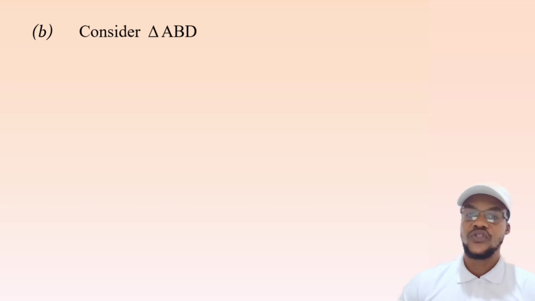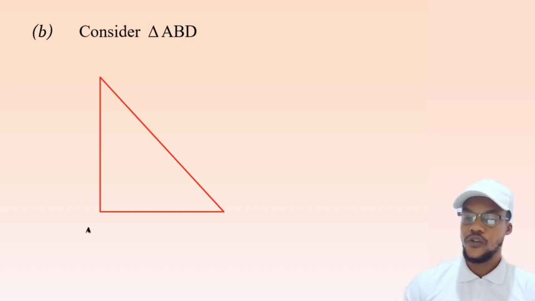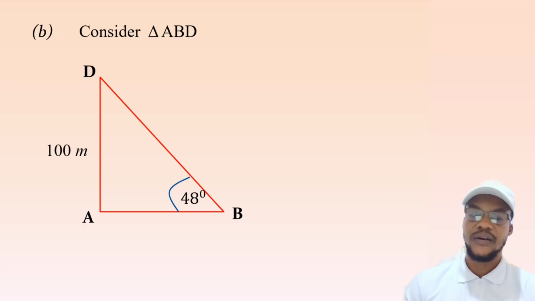If that's the case, let's look at the B part. For the B part, let's consider triangle ABD. For triangle ABD, we have the height and the angle. That's 48 degrees, and then we also have 100 meters as the height.